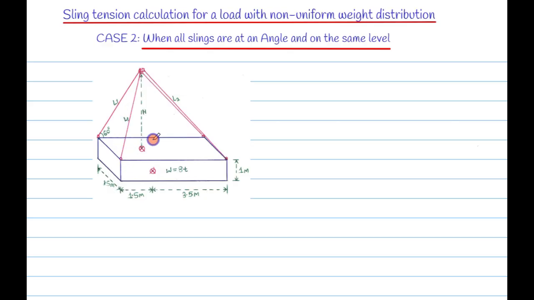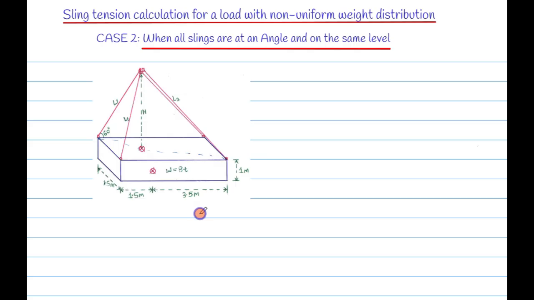We have to calculate the length of L1 and the length of L2. For us to do this, we need to know the diagonal distance from L2 to the center of gravity and from L1 to the center of gravity.